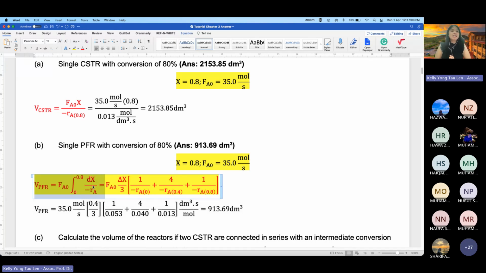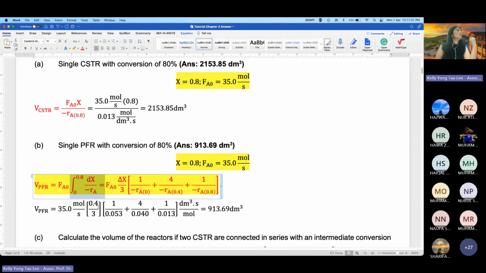Okay, so you remember that because of the integration, we cannot solve the integral directly. We will solve it using the Simpson 1/3 rule. For a question with an integral for PFR, we will solve it using the Simpson 1/3 rule.